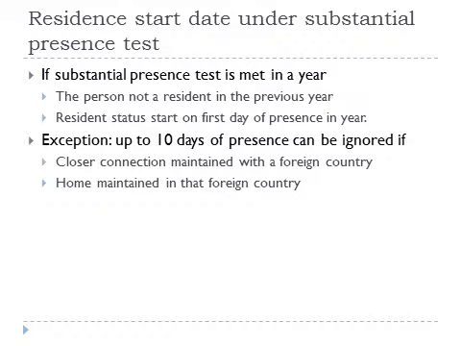See Form 8840 for required disclosures relating to the closer connection. To exclude up to 10 days of presence, the taxpayer must attach Form 8840 to his or her tax return for the relevant tax year. The requirements for the form and the statement related to that form are set out in Publication 519 on page 8.